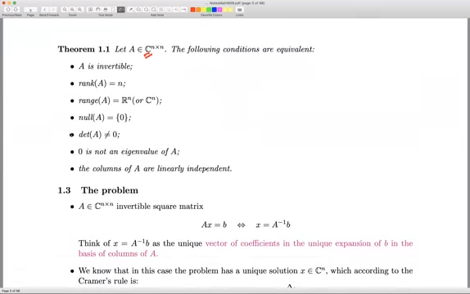Okay, so this part up to here was a recollection of what we need to know from linear algebra in order to continue further. Of course, once we go into more detail, if we need some more terminology, then we will introduce it as we go.